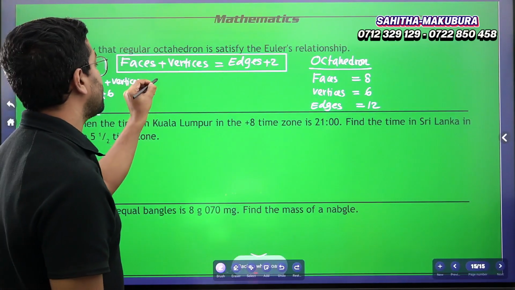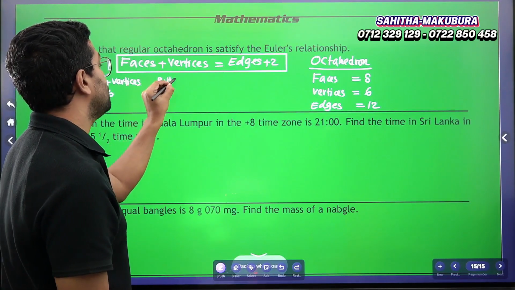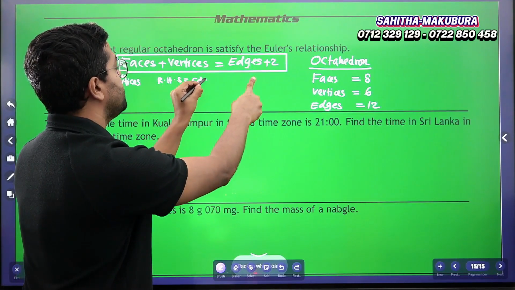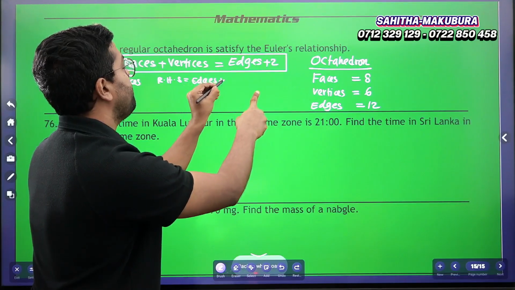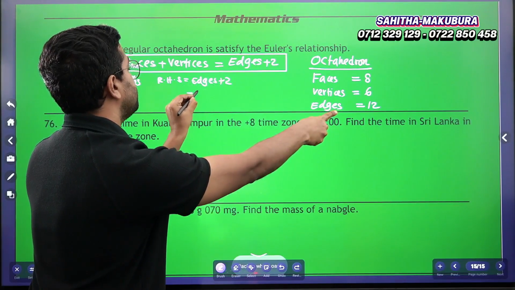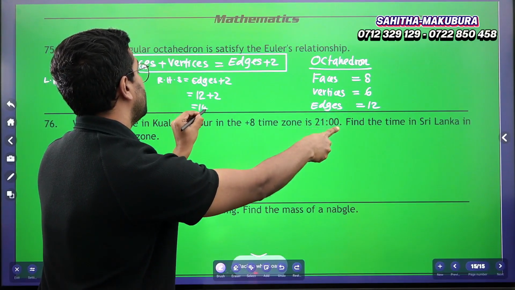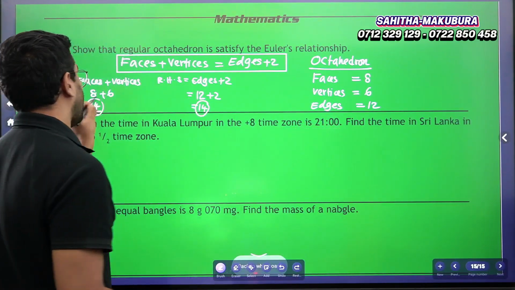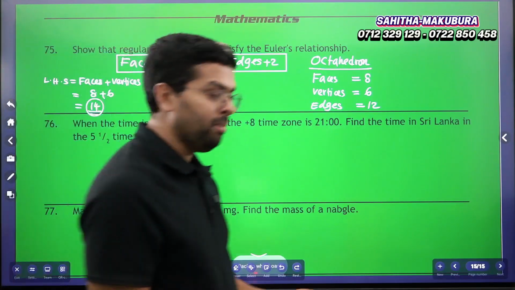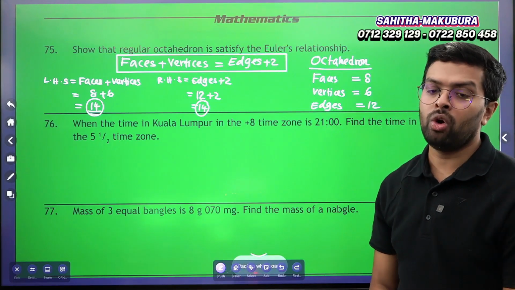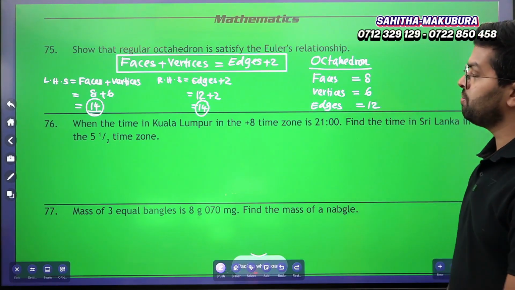Now the right hand side of the equation: edges plus 2. The number of edges in an octahedron is 12. 12 plus 2 is 14. The left hand side and the right hand side values are equal. So that means Euler's relationship is true for a regular octahedron.